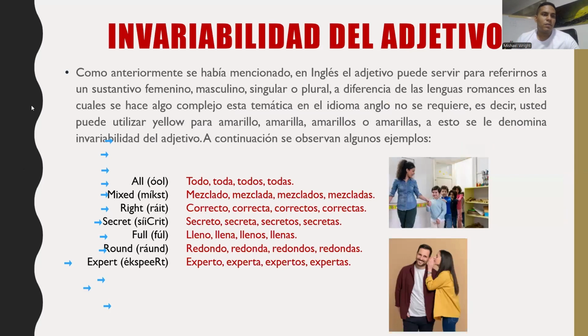Okay, so there are other adjectives. Remember that we just write an adjective for many cases: singular, plural, the sex case, if it's male, female, etc. So all, come on, let's do it. All, mixed, bright, secret, full, round, expert.